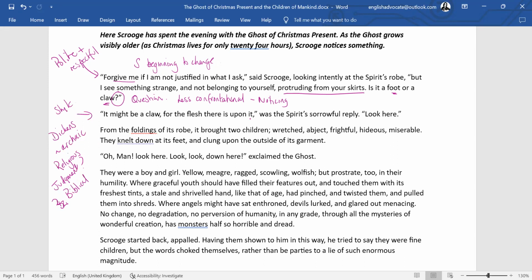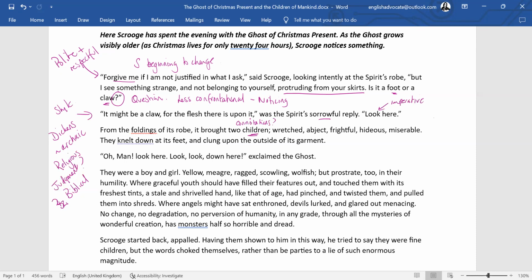Okay, so the spirit is kind of sorrowful, and he uses this imperative here to guide Scrooge's attention to these children. And you have the contrast between what should be the connotations of children, which should be kind of young and happy and innocent and playful and active.